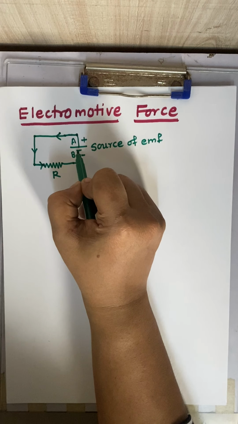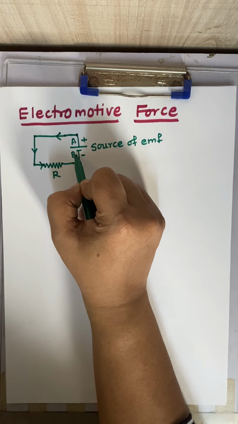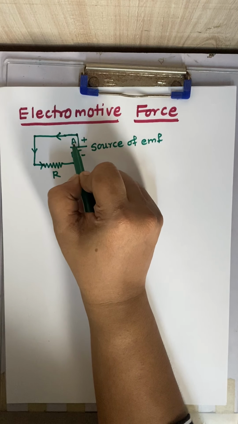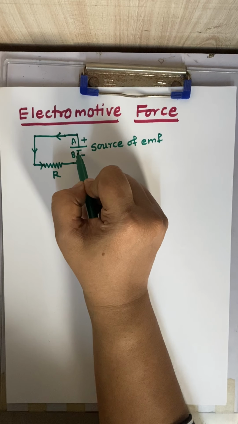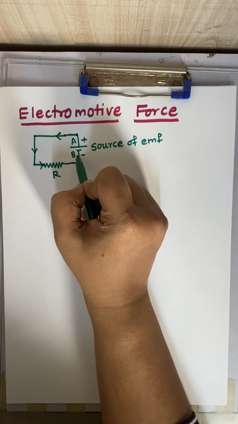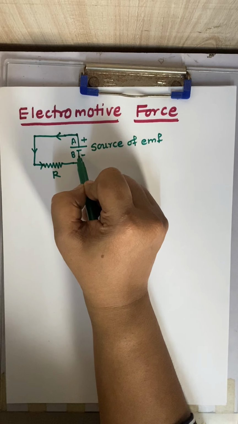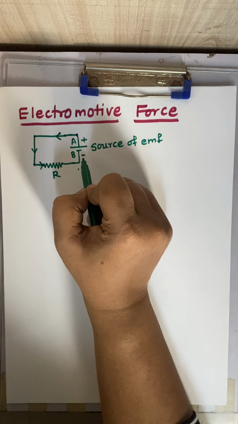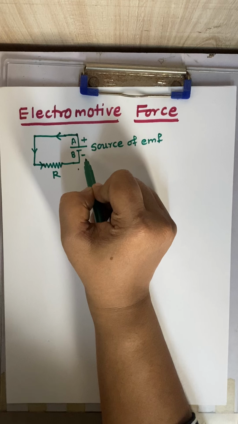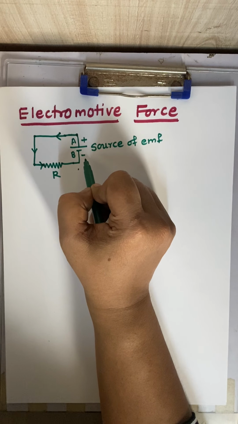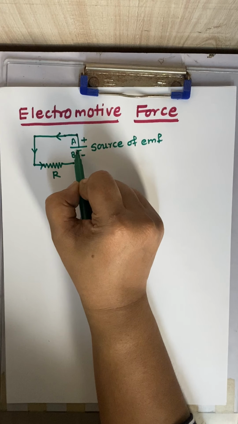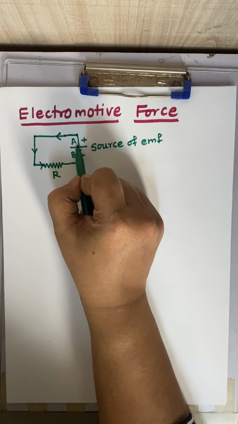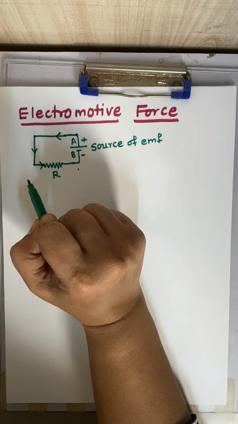So the positive charge is now moving from B to A inside the cell, and this particular device is called a source of electromotive force, or we can say it is an electrochemical cell or electric generator. That means a source of EMF transfers positive charge from lower potential, that is B, to the higher potential A, in the opposite direction of the electric field.